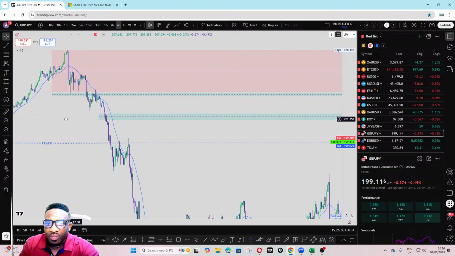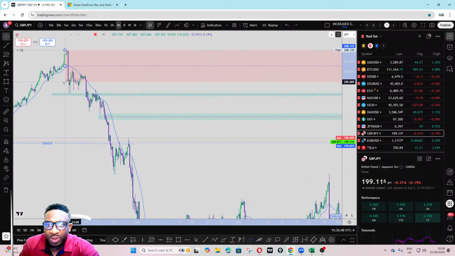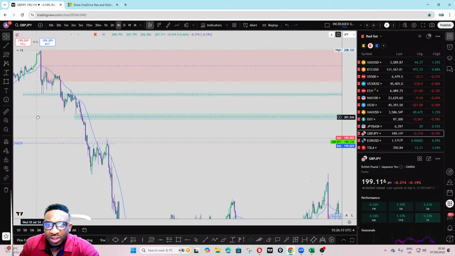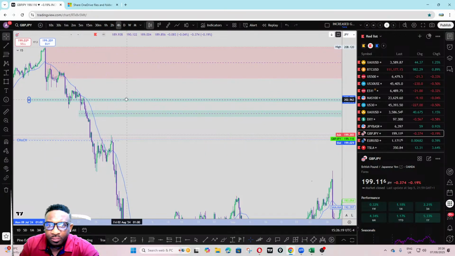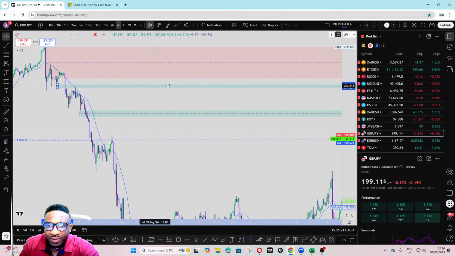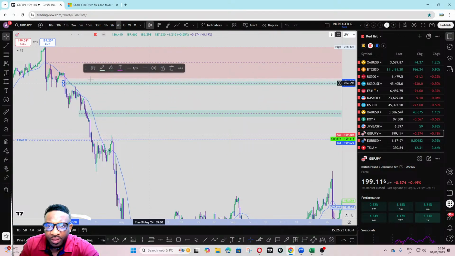So we can also identify some imbalance here on the 4-hour time frame. So we now narrow this area. We have some imbalance right here.